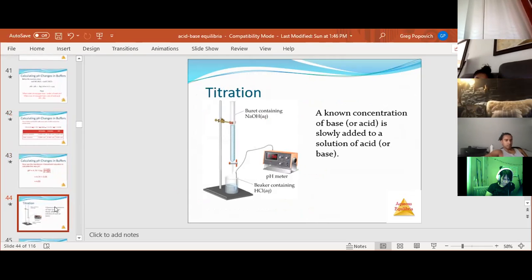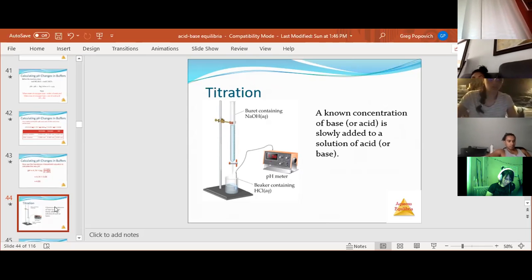When we titrate, ladies and gentlemen, what we're doing is we're taking a known concentration of base or acid and we slowly add it to the opposite. So if I have a known concentration of base, I'm going to add it to an unknown acid.